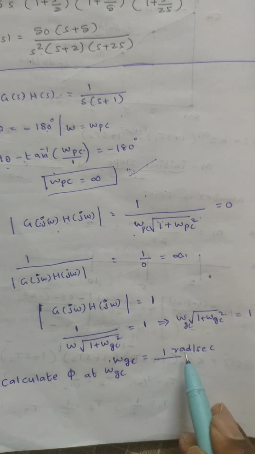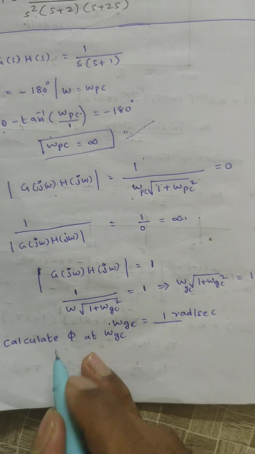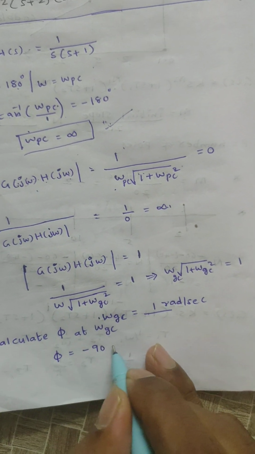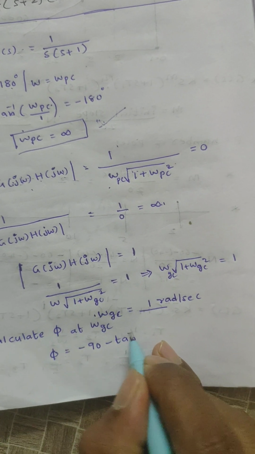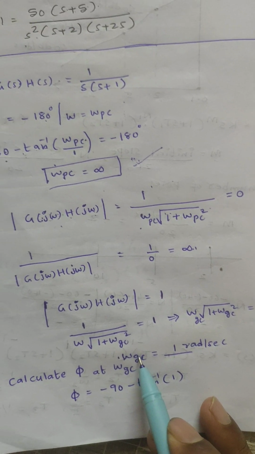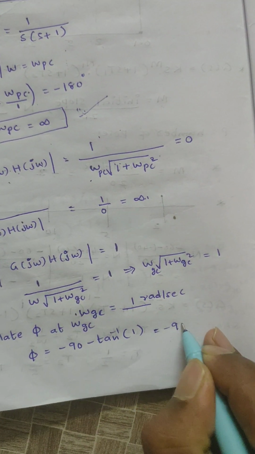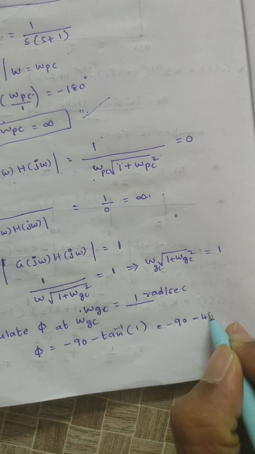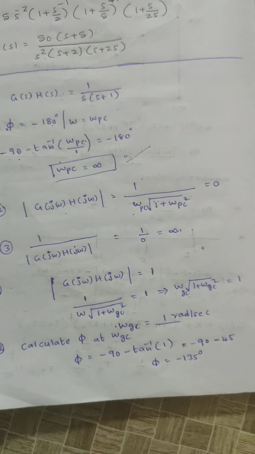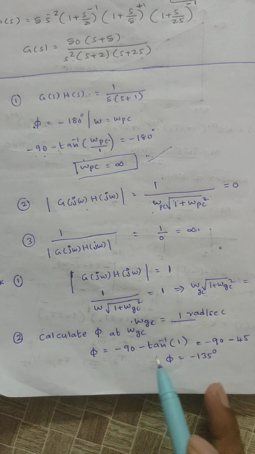That means here phi value will be minus 90 minus tan inverse 1, from this omega gc. Tan inverse 1 value will be 45, then phi value will be minus 135 degrees. That means in step 2 we need to calculate phi.